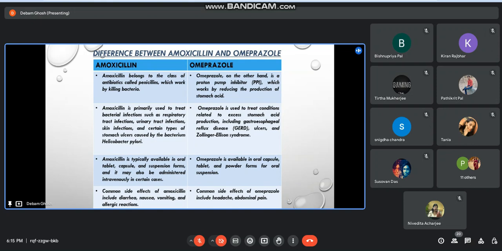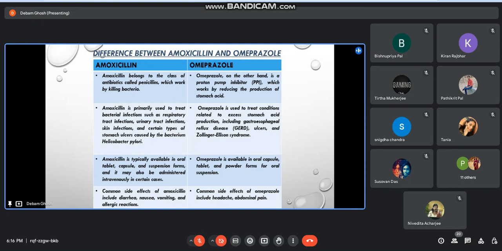Omeprazole is used to treat conditions related to excess stomach acid production, including gastroesophageal reflux disease, GERD, ulcers, and Zollinger-Ellison syndrome. Amoxicillin is typically available in oral tablet, capsule, and suspension form, and it may also be administered intravenously in certain cases.